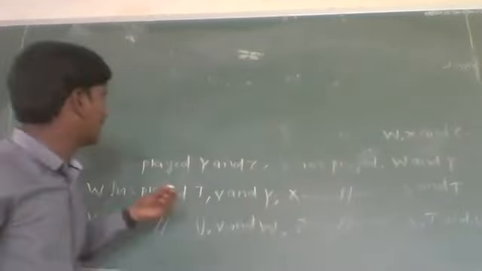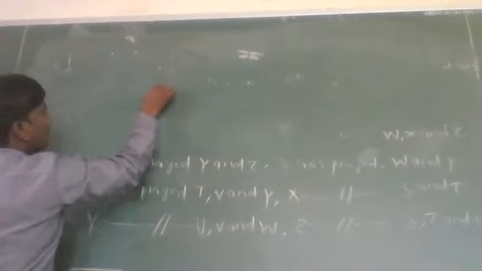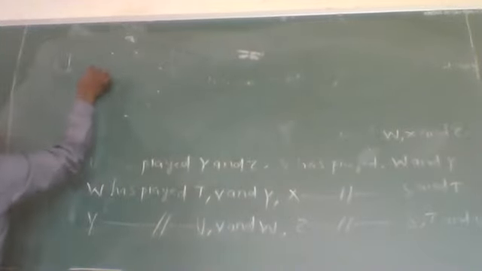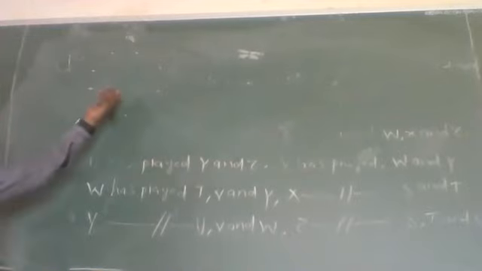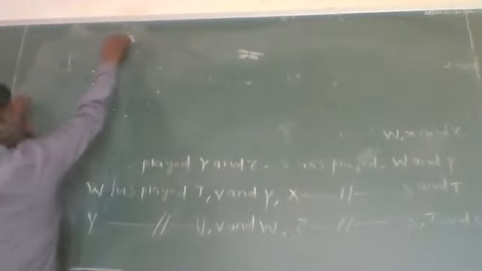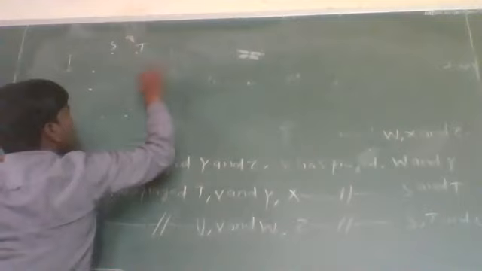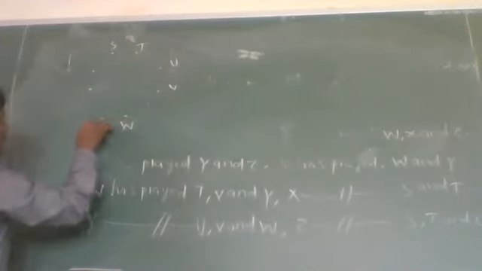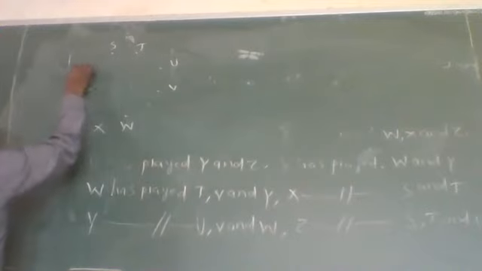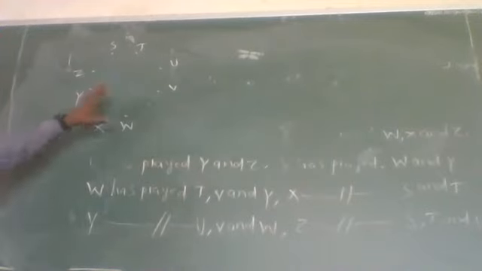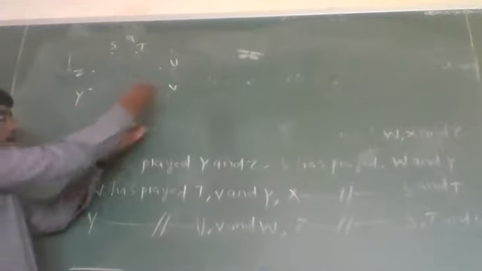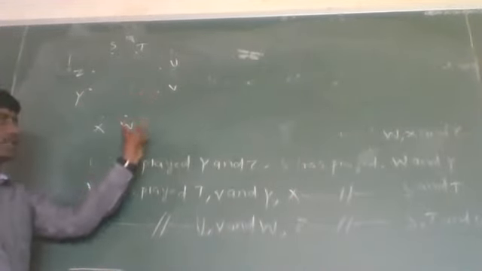These 8 dots are the 8 teams, that is S, T, U, V, W, X, Y, and Z. Now we join these dots if the corresponding teams have played with each other.